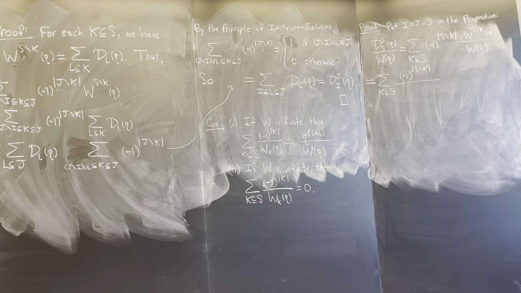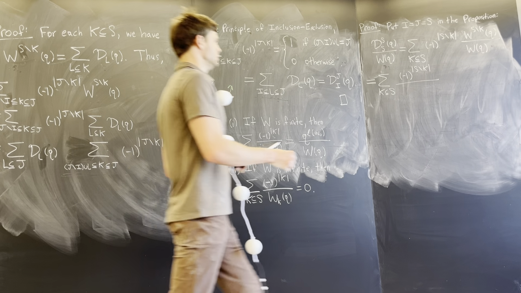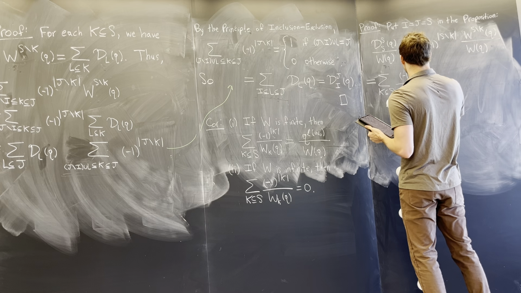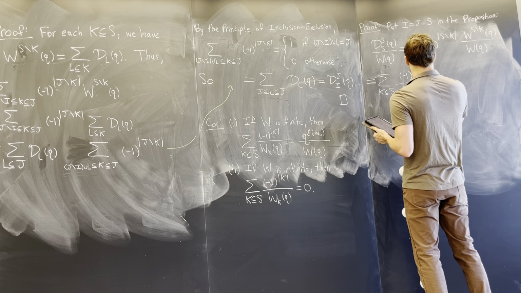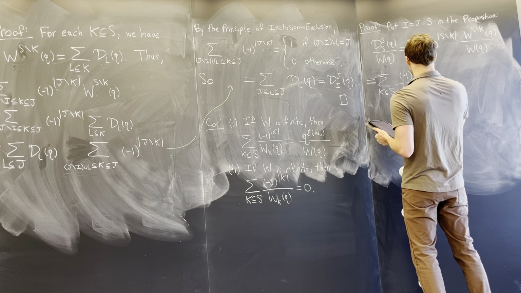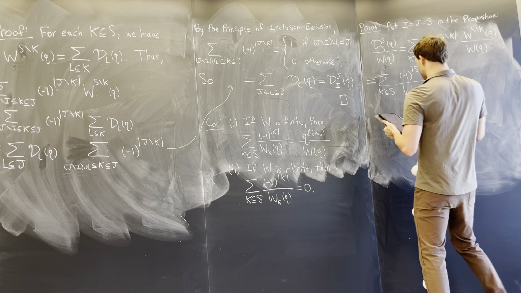So that should be the same as 1 over the generating function that I get for the parabolic quotient. So all I'm doing is using this lemma to say that this fraction is 1 over W sub S minus k of q.